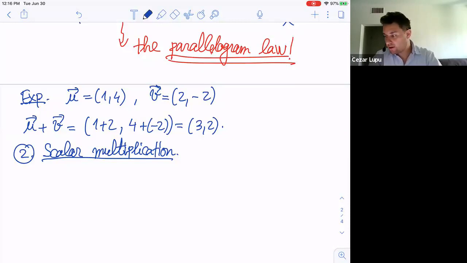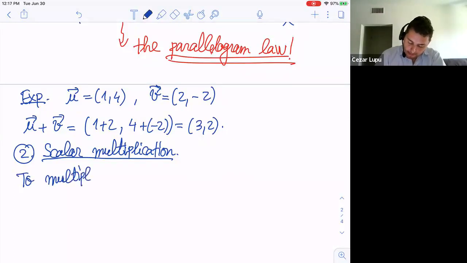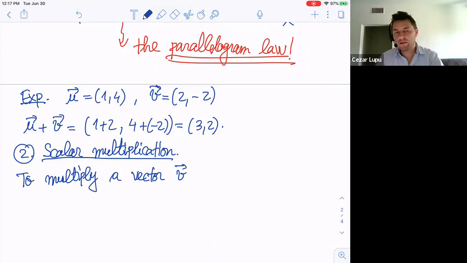So the second operation is the scalar multiplication. And we have talked about this: when we multiply a matrix by a scalar, well, why not do it for a vector as well? So to multiply a vector v, I'm going to put an arrow on v, but usually in my notes it's not there.